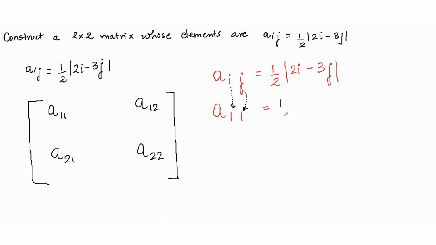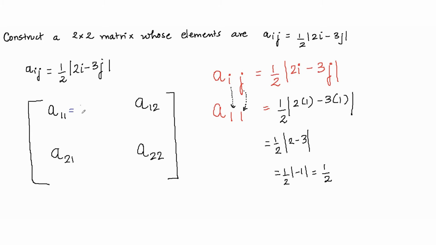And therefore this becomes half of magnitude of 2 times 1 minus 3 times 1, right? And that's half of 2 minus 3, which is half of magnitude of minus 1. Magnitude of minus 1 is 1, which means this is half into 1, which is half. Therefore the first element here is 1 upon 2.